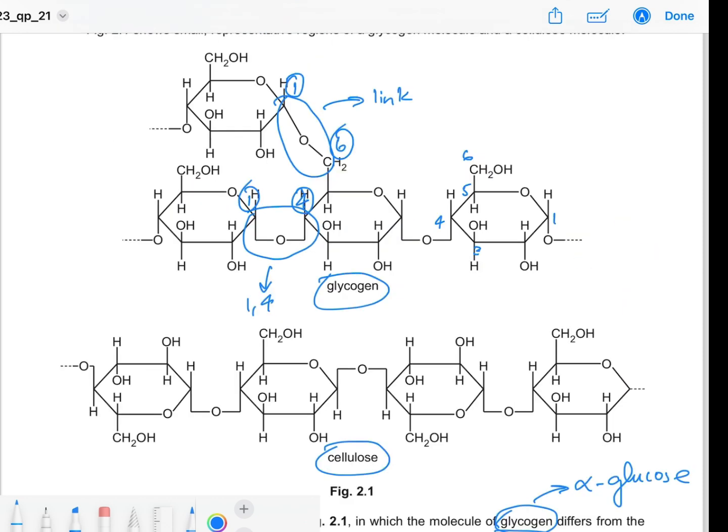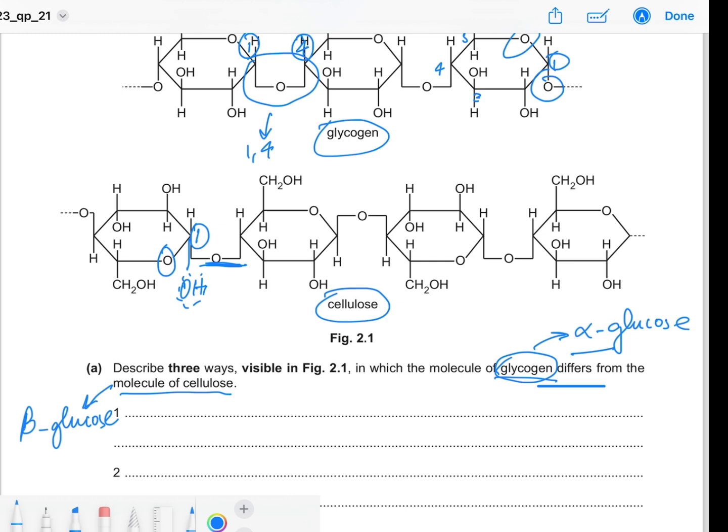So you'll see that the hydroxyl group in alpha glucose molecule on the first carbon atom is projected downwards, or away from the oxygen atom that you see in the ring. However, in a beta glucose molecule, the hydroxyl group on the first carbon atom would have been found pointed towards the oxygen atom in the ring, which is used to form this glycosidic bond.